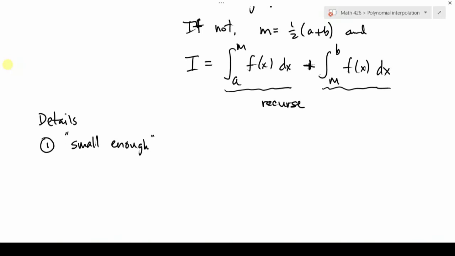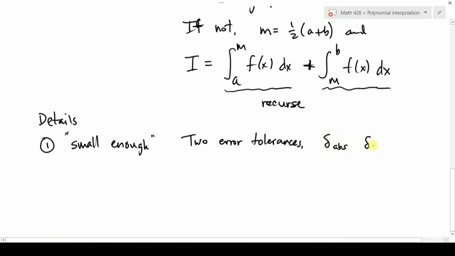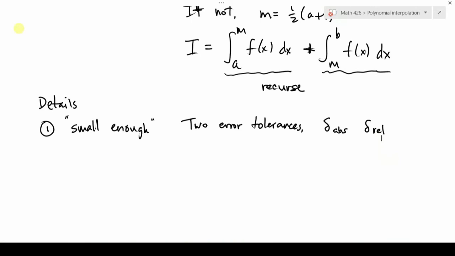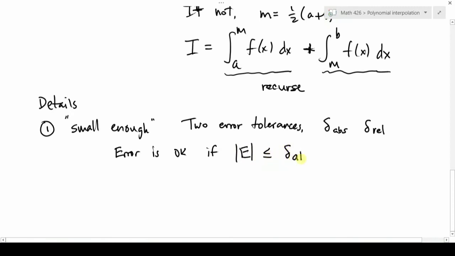So that means that what we usually do is we create two error tolerances, call them delta abs and delta relative, and then we say it's okay if we can write that E is less than delta absolute error plus the relative error times the actual value that we're trying to compute.